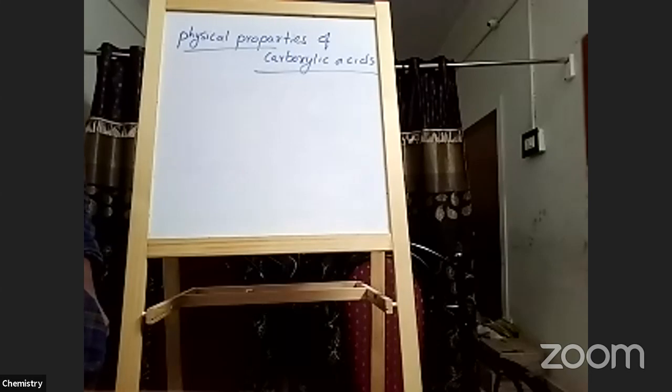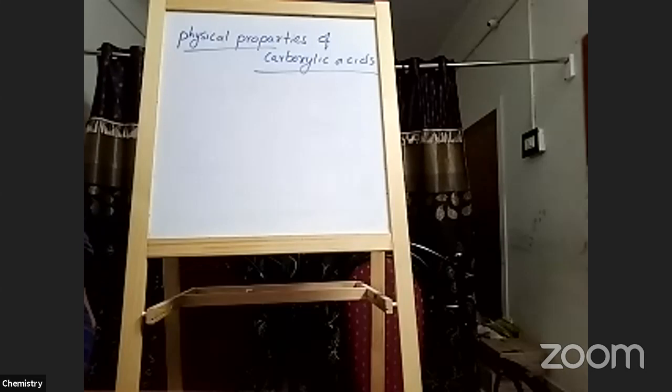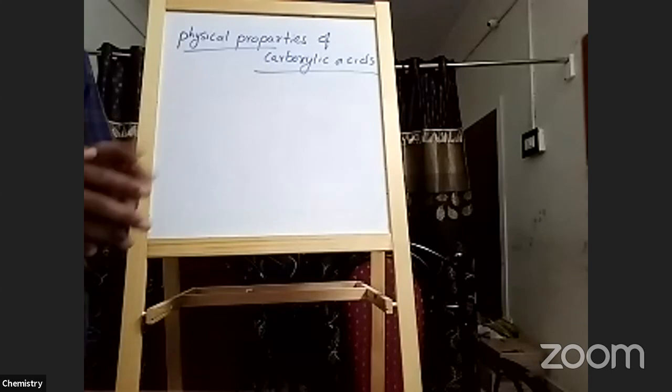There is no smell and no color for carboxylic acids up to 9 carbons. After that we can observe an unpleasant odor, meaning a bad smell. Up to 9 carbons they are colorless and odorless. And one more thing: carboxylic acids in the vapor state also do not have broken bonds.